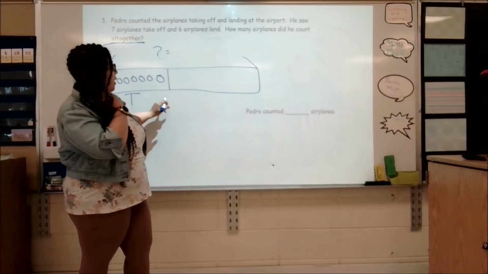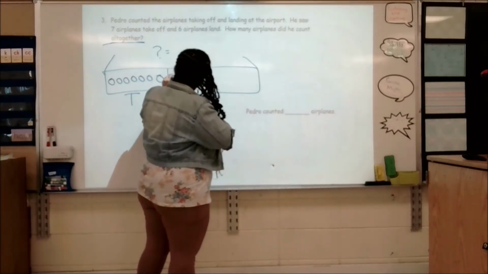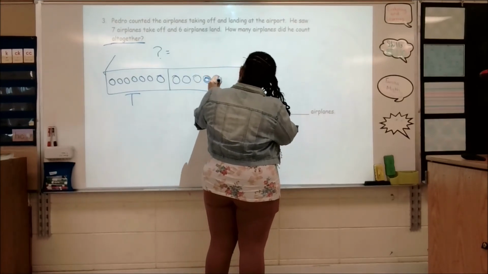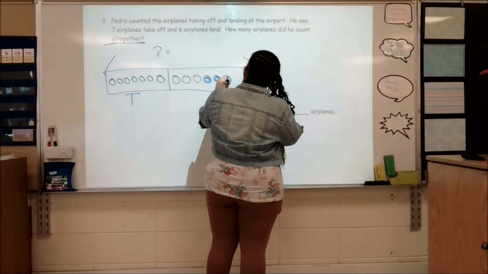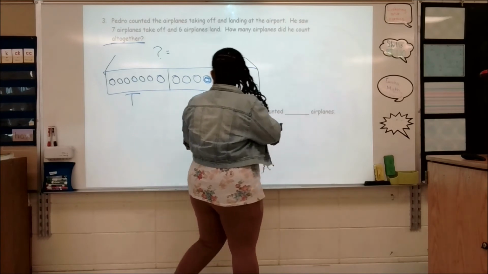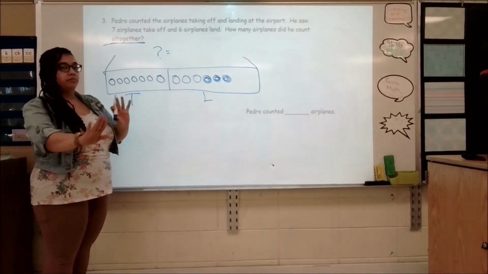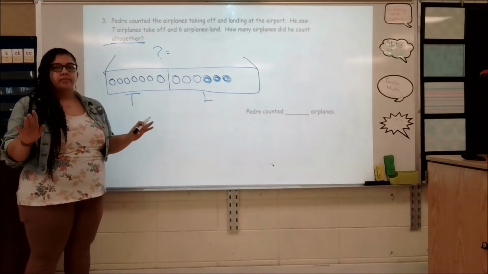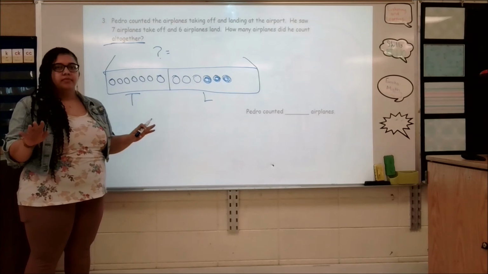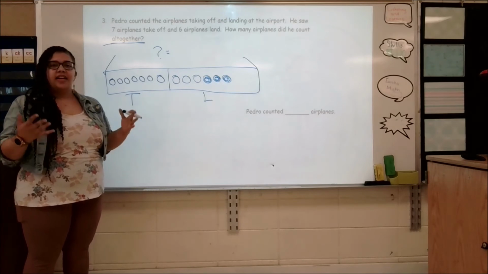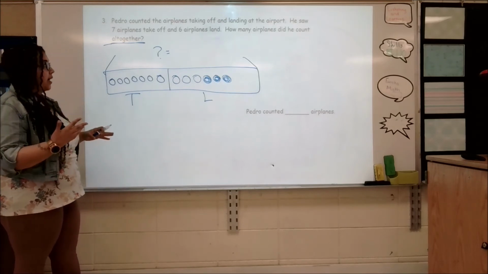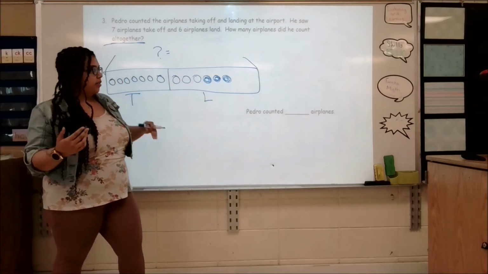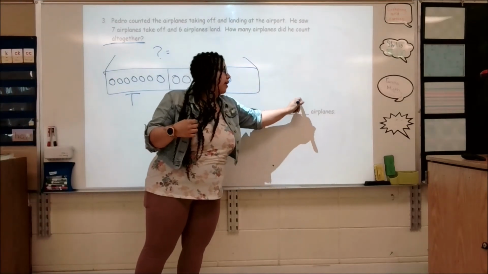Watch how I do this, okay? 1, 2, 3, 4, 5, 6. And I'm going to label it with an L for land. What happened? I started coloring it in once I completed a group of 10. Correct. So that is 10 and 3. 10 and 3, Pedro counted 13 airplanes.